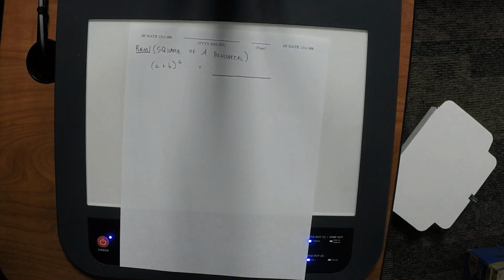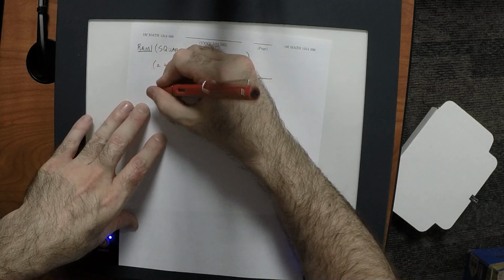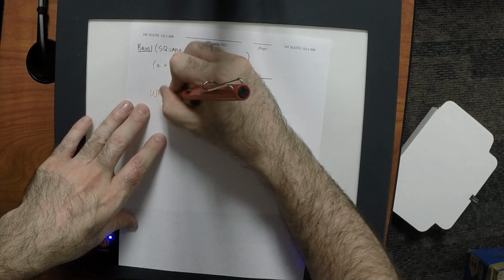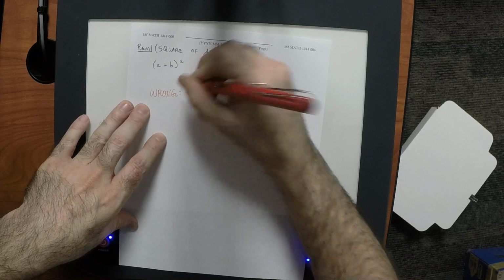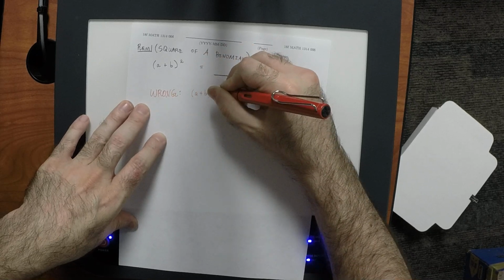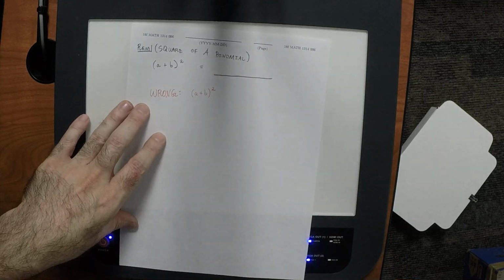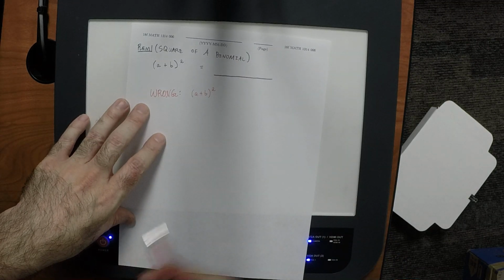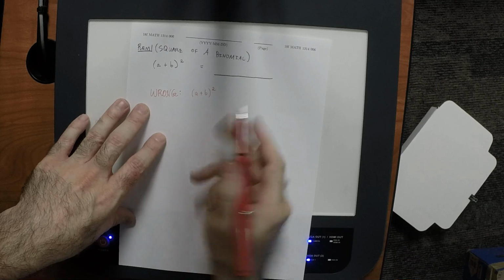And now, what I'm going to do is I'm going to write the most common wrong answer. So if you're about to copy what I'm about to write, please carefully denote that it is wrong. So the most common wrong answer given when college algebra students, or even more advanced students, are given this is this.